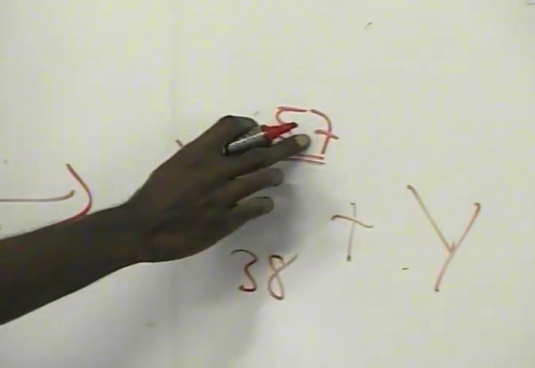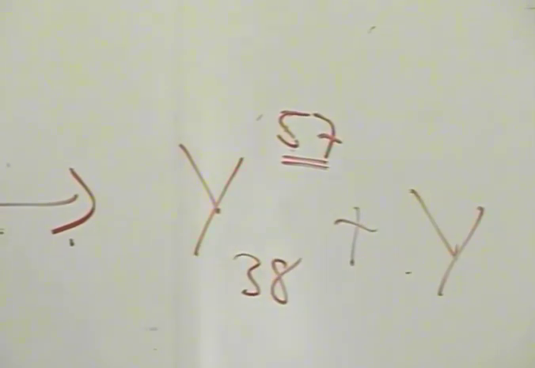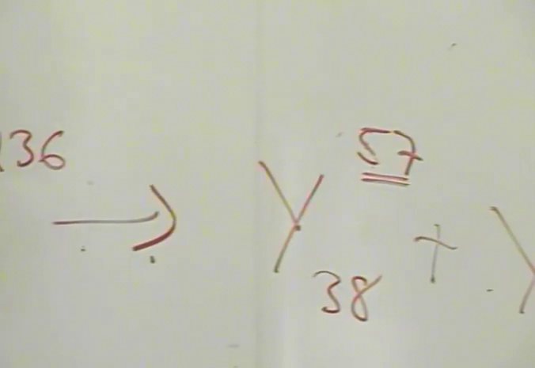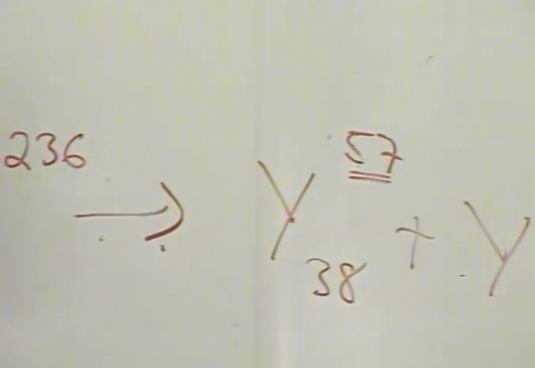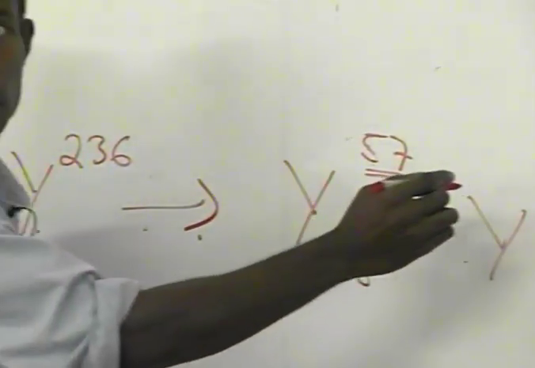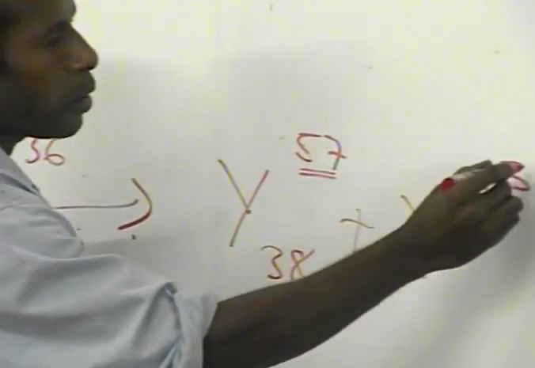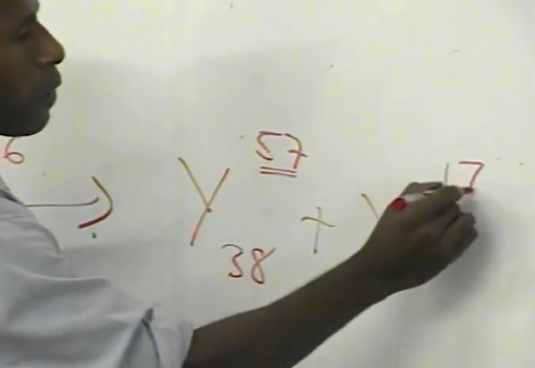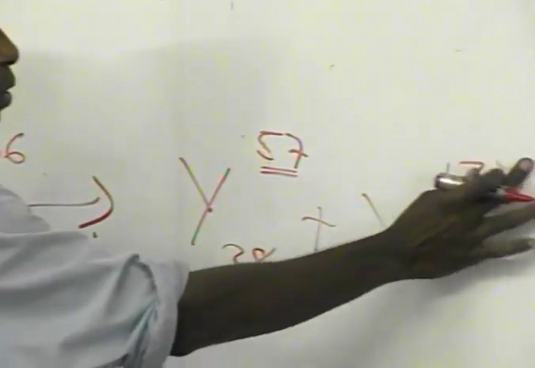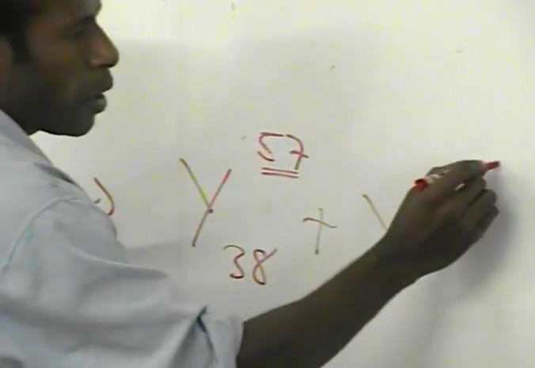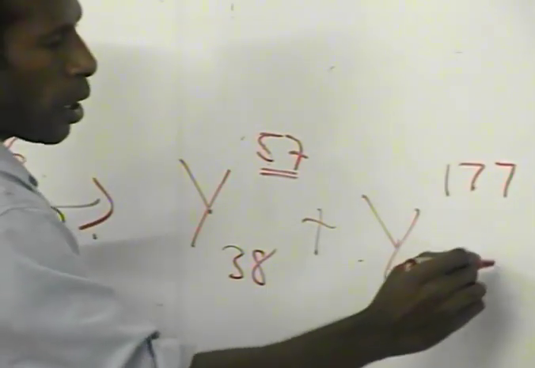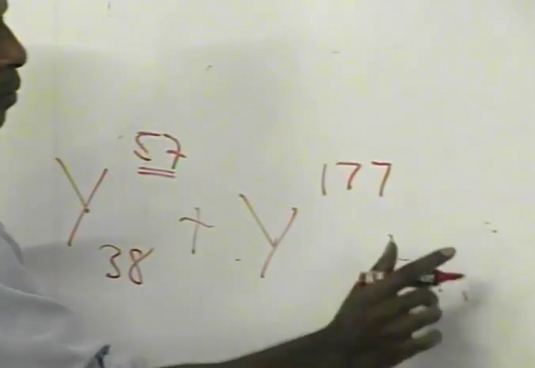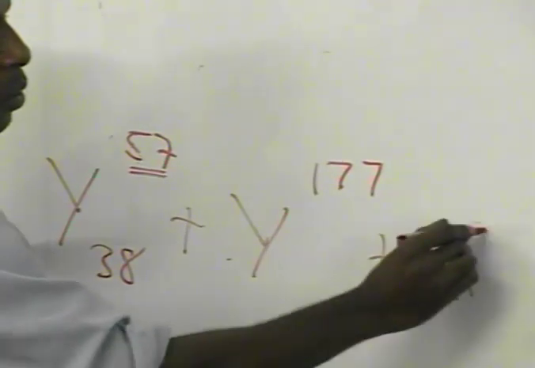What is 236 minus 57 would be? 179. Probably in here we can have 177, and then plus two neutrons.